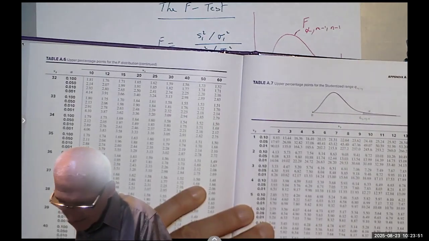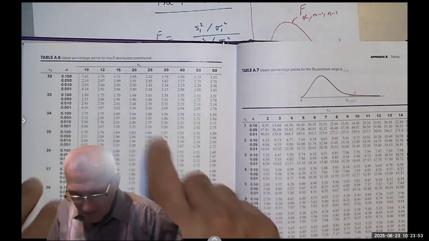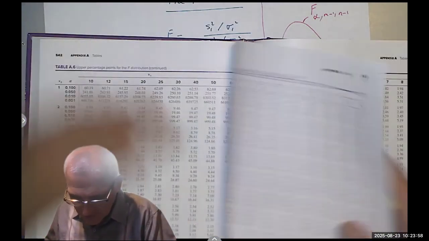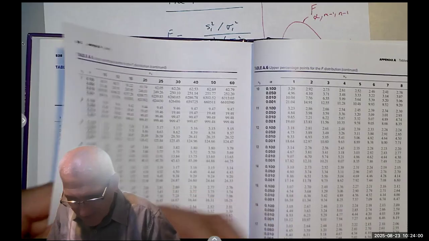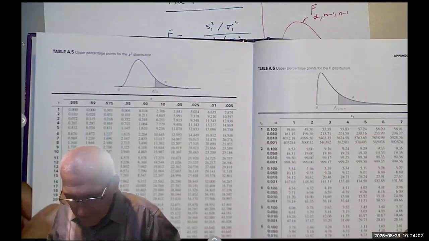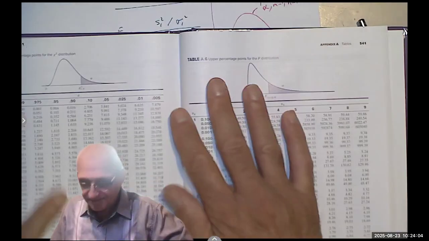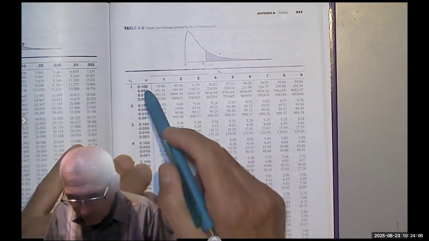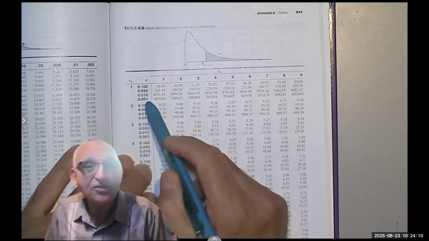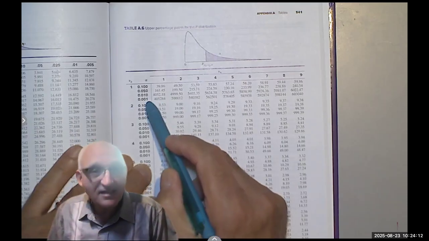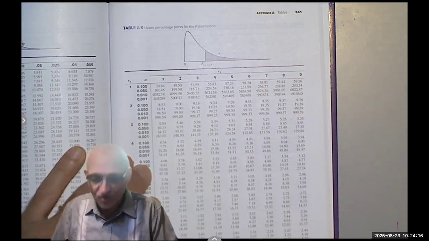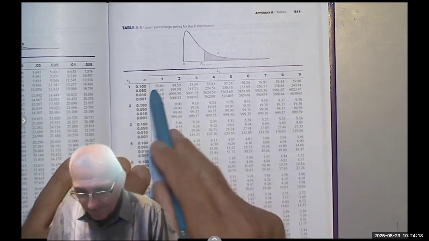And you can see here, when we go to the F distribution, let's start from the beginning. They start here. And you can see they give you alpha of 0.1, 0.05, 0.01, and 0.001. They don't give you 0.999 and 0.99 and 0.95 and so on.